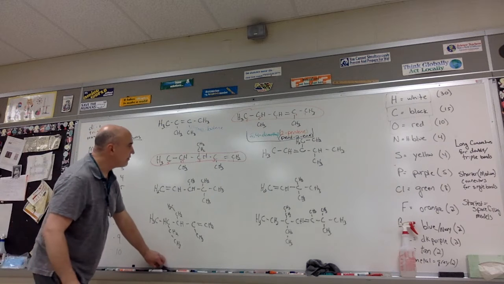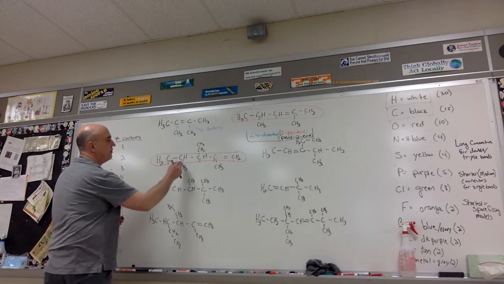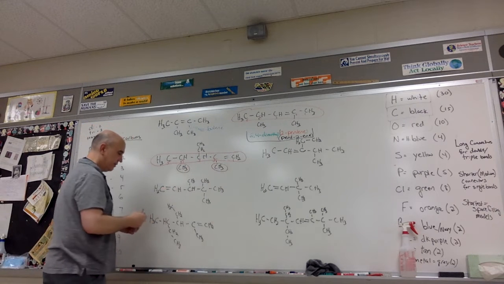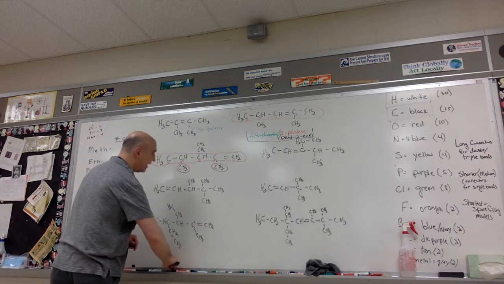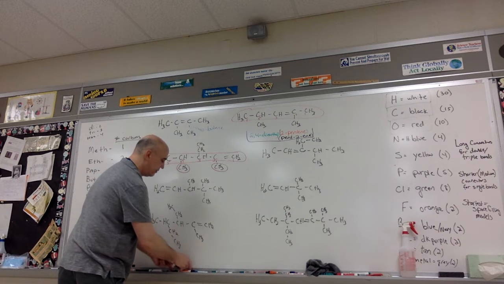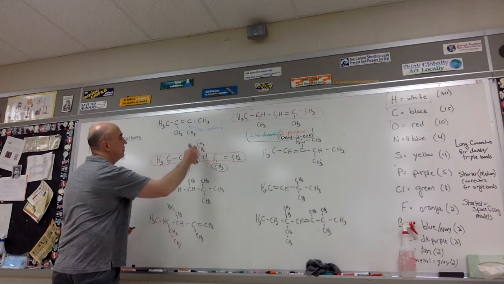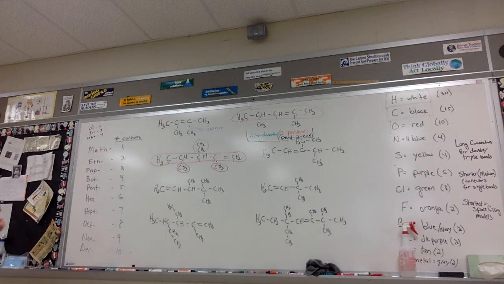Groups that we have attached: we have 2 methyl groups, and then we also have an ethyl group. Which one are we going to put first? Since we have methyls and ethyls, how do we know which one we're going to put first?